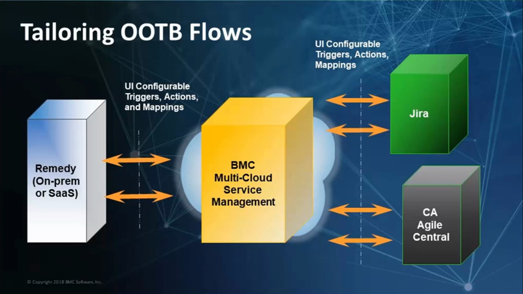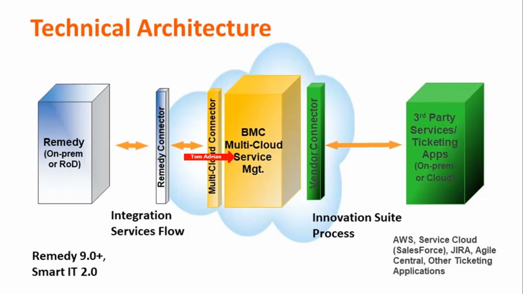So to summarize, from an overall standpoint, the multi-cloud application is made up of the multi-cloud application itself, which is built on integration services, innovation suite, and deployed within the BMC cloud. We consume integration services as a mechanism for transferring data between ITSM, multi-cloud, and the vendor, and vice versa.